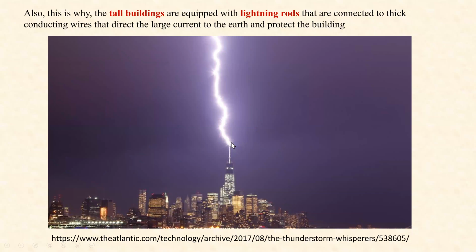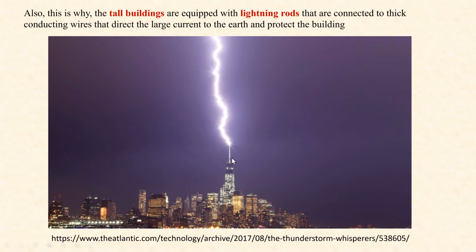And you see on large buildings, they put this pointy rod at the top. They call it a lightning rod. They are connected to thick conducting wires that direct the large current to the earth and protect the building.